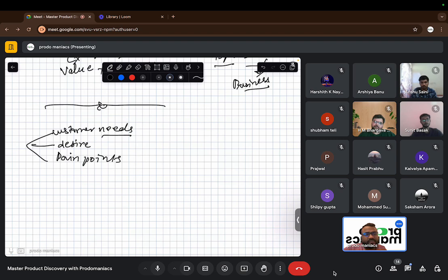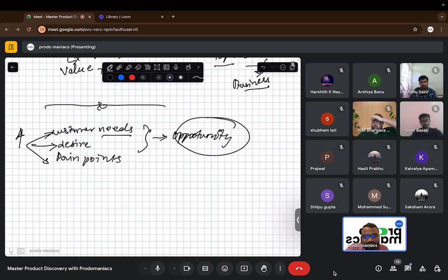Every user will try to tell you different stories, and when you try to figure out these three things based on whatever we talked about above, the customer journey mapping, JTBD, the interviews, the qualitative and quantitative research, basis that, you try to figure out these three pointers. Once you know what you want to build for, that is what we call an opportunity.